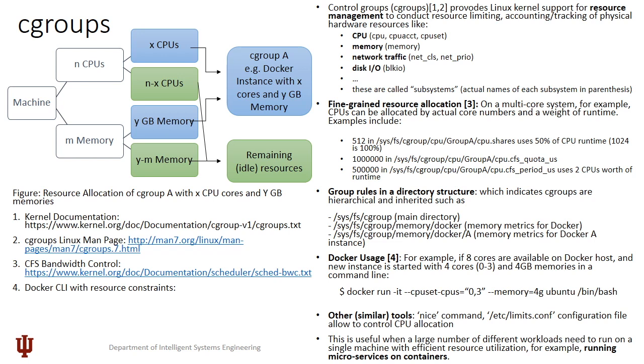So one example is how Docker can figure out how much memory I need, and Docker has added wonderful flags to its interface to specify such resources, such as memory. Similar tools you may know from Linux: if you remember the nice command or the limits configuration file, you can view it as somewhat similar to that, but it's a much more defined way of doing this.